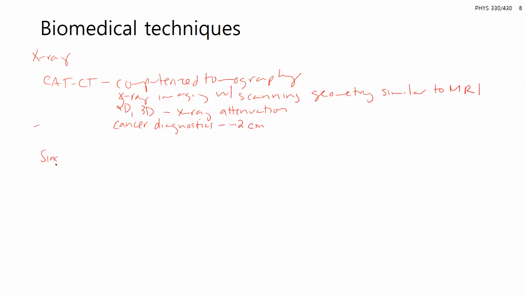There's also, in addition to detecting X-rays, detection of photons and gamma rays. So single photon CT is using radionucleotide labels.